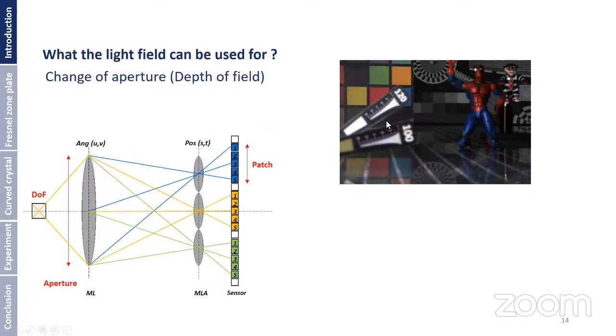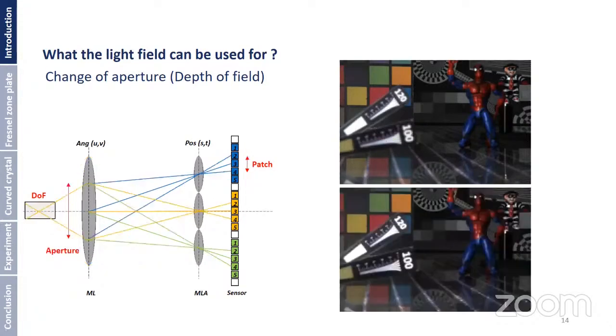For example, the image shown on the right is reconstructed with a large patch size, and we can see its depth of field is limited to the plane of the Spider-Man. We can't see the numbers 100 and 120 clearly. If we reduce the patch size used in the reconstruction, its depth of field can be extended to the plane of the number 100.